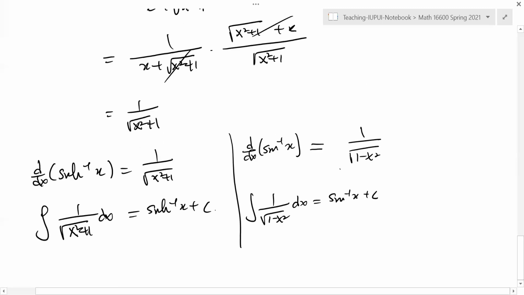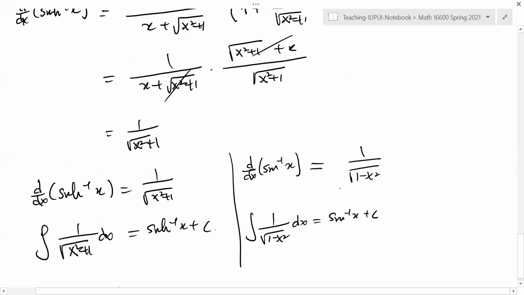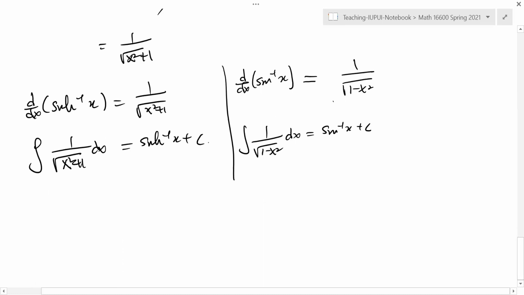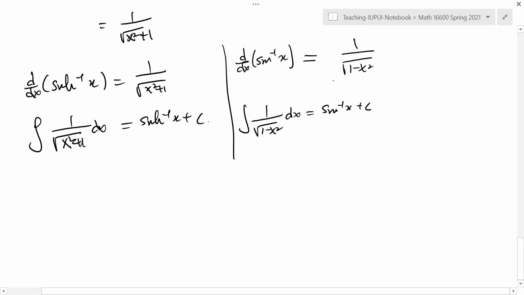We directly found the formula for the inverse function first, then we differentiated. But we can get this formula in the same way. So this is another way we're trying.